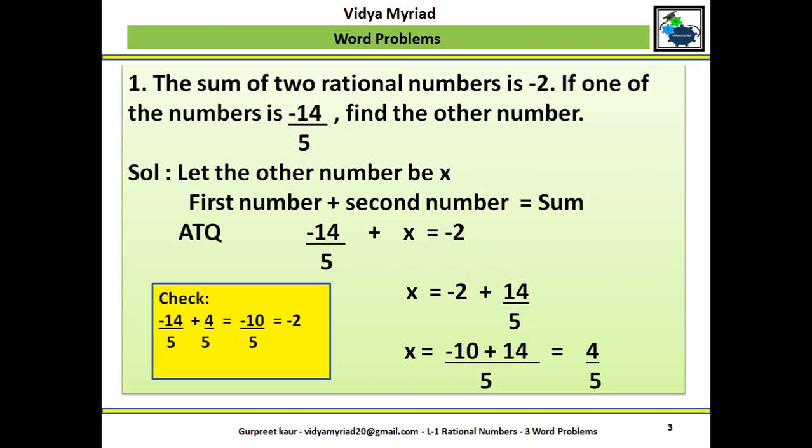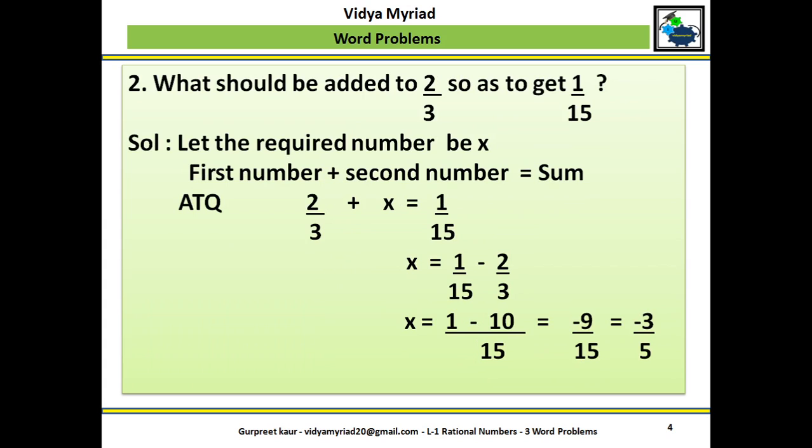When you solve it, you get minus 10 upon 5, which is divisible, and hence you get minus 2, which is your required answer. So whenever there is a word problem, you find the answer and at the end you can check whether your answer is correct or not by substituting the value in the equation.